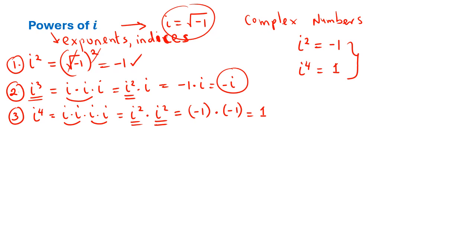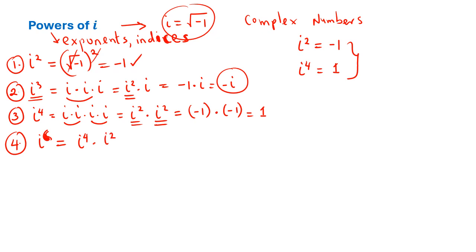If I'm looking to solve, for example, i to the 8th power, let's maybe start with i to the 6th power. For i to the 6th power, I'm going to write i to the 6th as i to the 4th times i to the second power. Notice what I'm doing here.